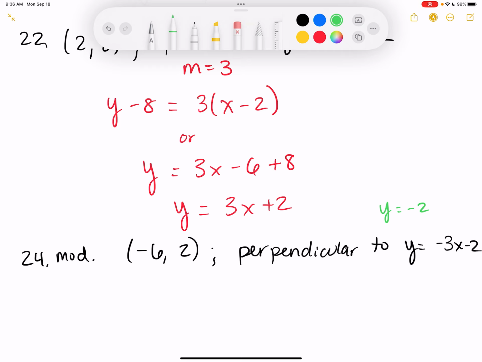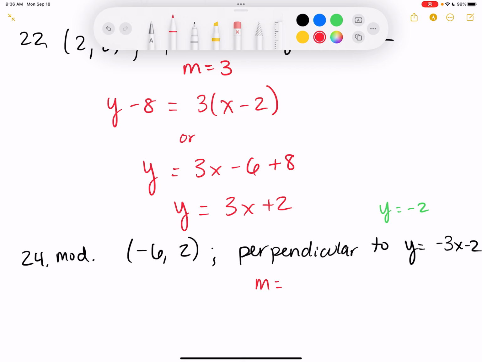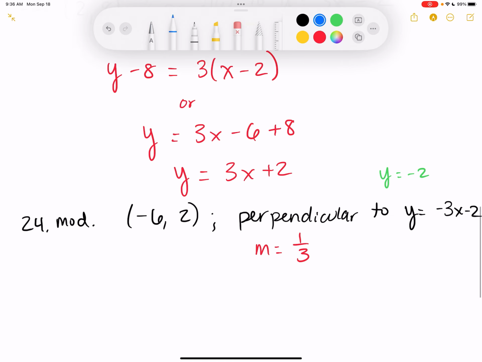What do we know about perpendicular lines? The slope has to be the opposite reciprocal, so what is my new slope going to be? Positive 1 over 3. So, y minus 2 is equal to 1/3 times x minus 6.